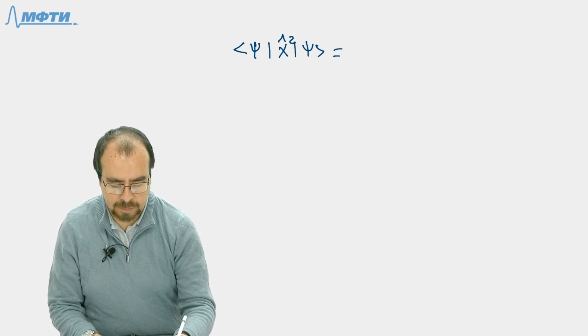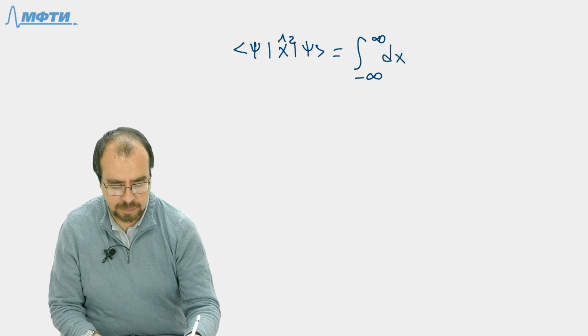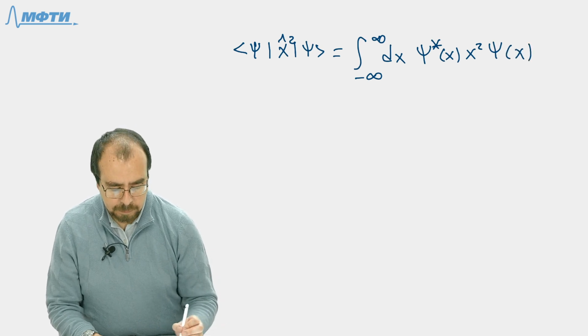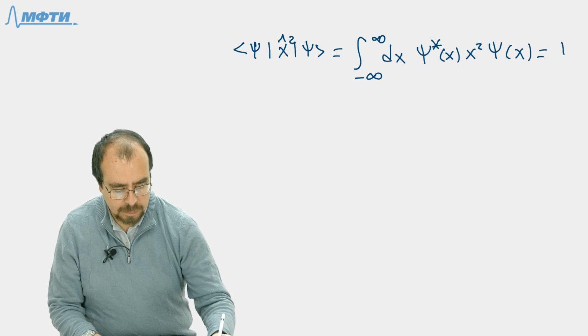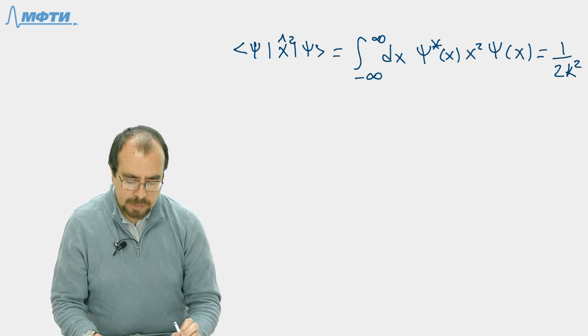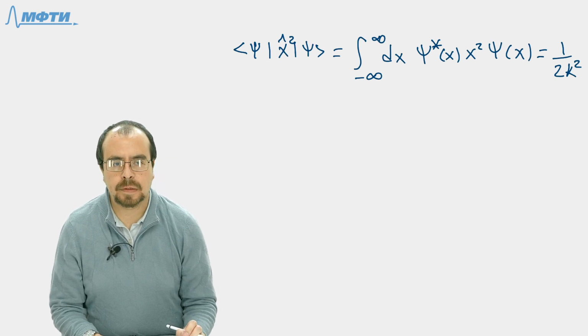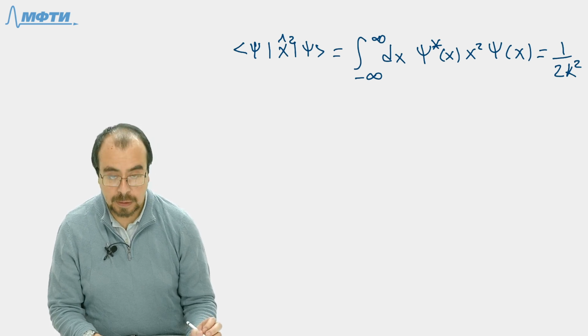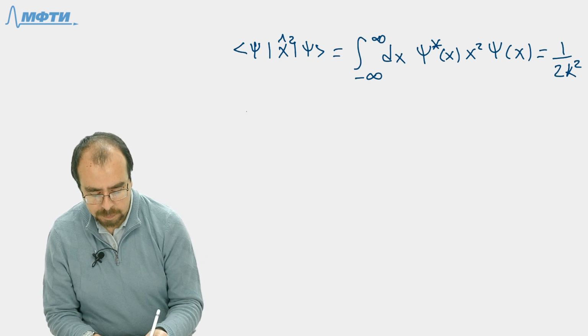And in this case, we can put it in terms of an integral from minus infinity to infinity of psi star of x, the conjugate, times x squared times psi of x. So we demonstrate that in this case this mean value was equal to 1 over 2 times this parameter k squared, and in the case of the p we wanted to check a solution, right?